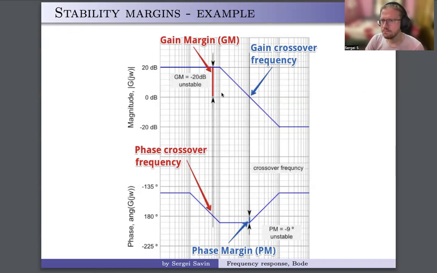Also, I see quite often people don't use this analysis right now to tune a controller because a controller is tuned by pole placement or by LQR or anything else. We will learn a little bit of this during this course.